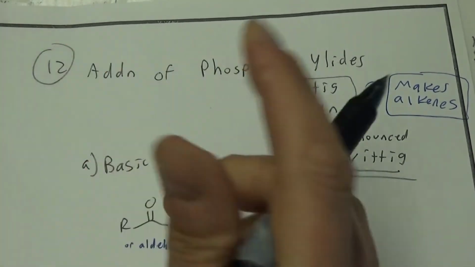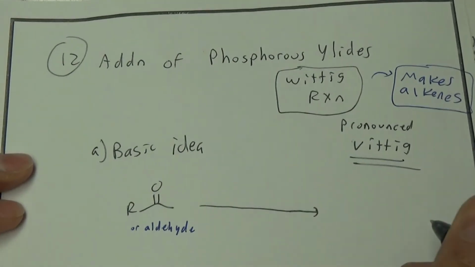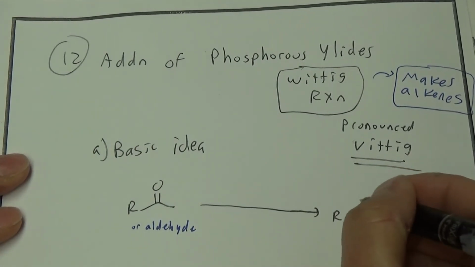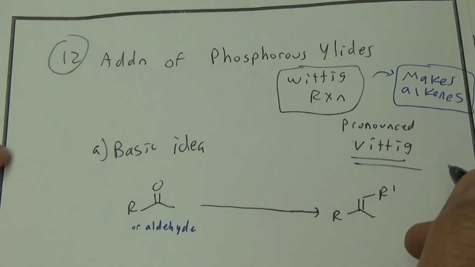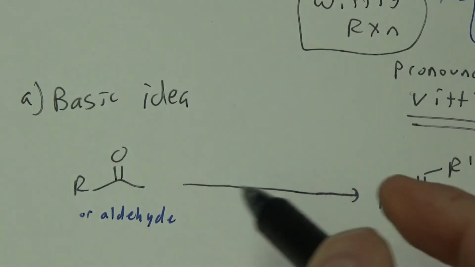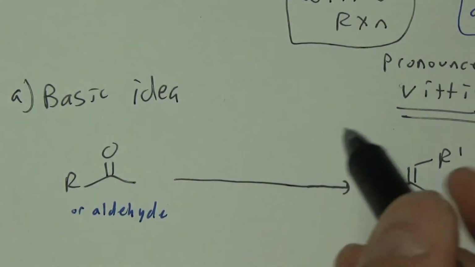We're going to add something and essentially make an alkene. You haven't seen anything like that, that we could just take something and it would attack in a way that makes the alkene.